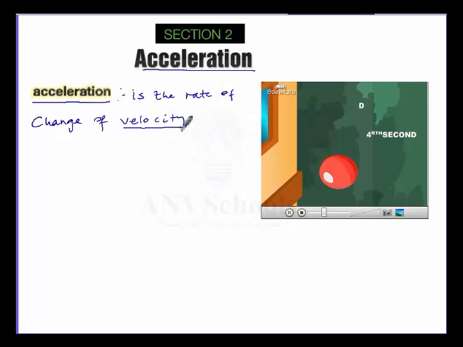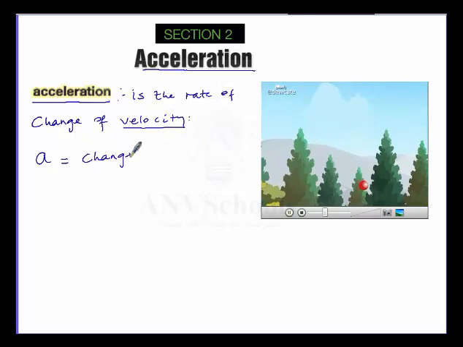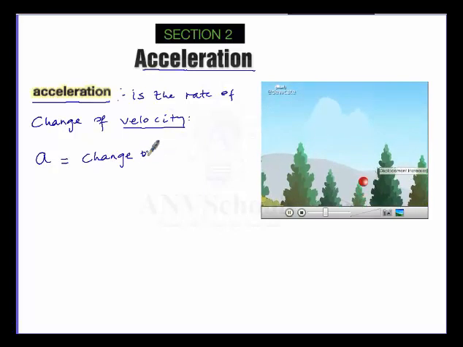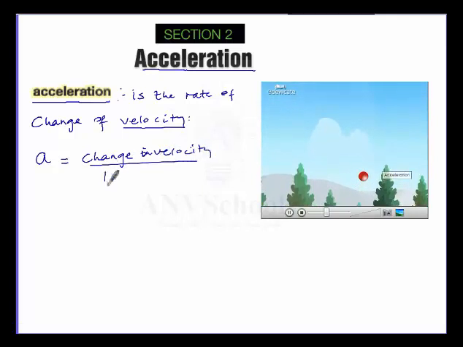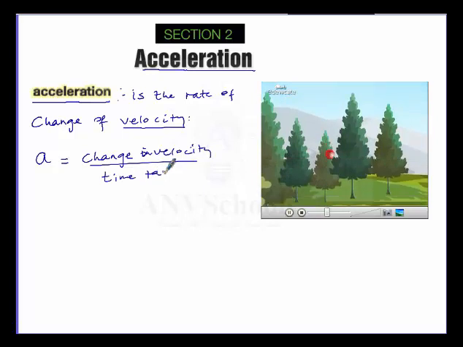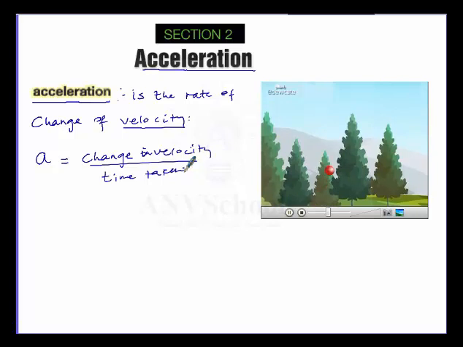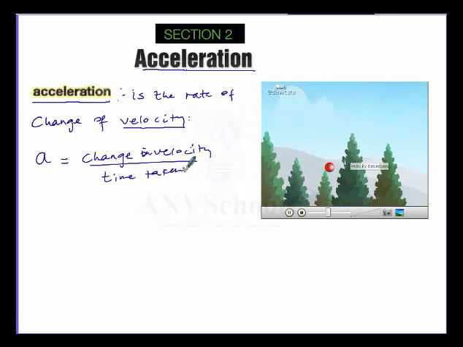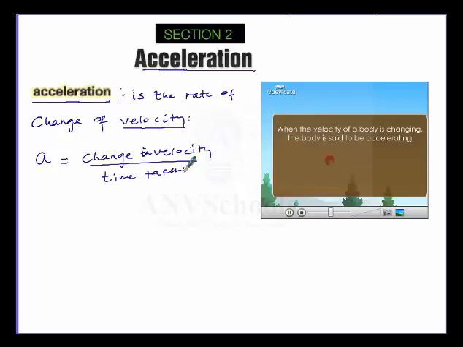So acceleration is defined as the rate of change of velocity, that is, the change in velocity divided by the change in time, or time interval. So when an object is changing its velocity, whether it is falling down or moving horizontally, if the velocity changes, we say it is accelerating.